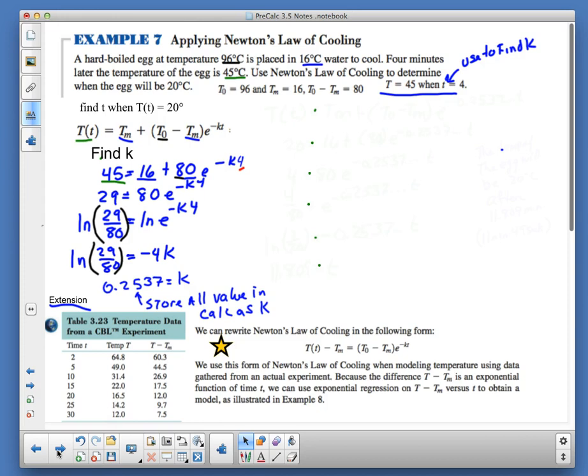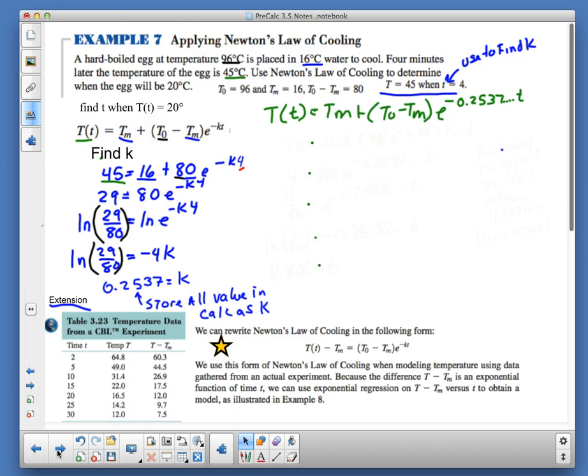Okay, now because it's a constant that's going to be used in the equation to help me find other information, I'm going to store it in my calculator. I actually stored it in my calculator as K. Do you guys know how to do that using your alpha key to store in your calculator? So now when I plug it in my function, I can actually use it to help me find what they asked me to.